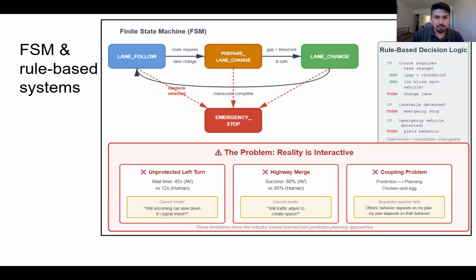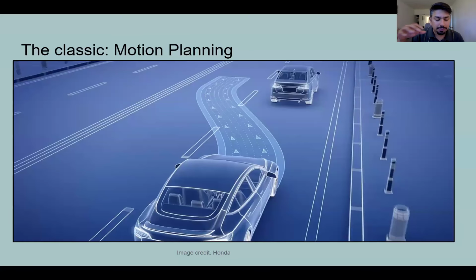Then the third layer, the motion planner itself, comes in once some high level behavior is already decided. Okay, we want to do a lane change. The motion planner's job is to generate trajectories which will be safe to do the lane change. It follows the high level behavior chosen by the behavior planner.